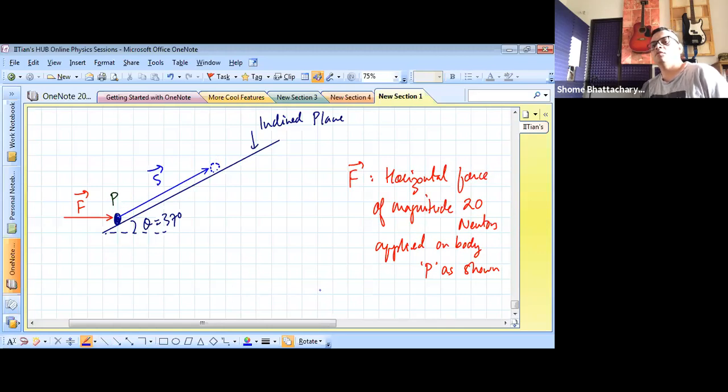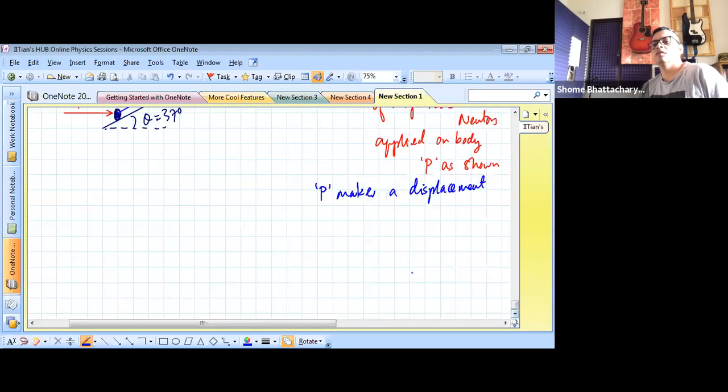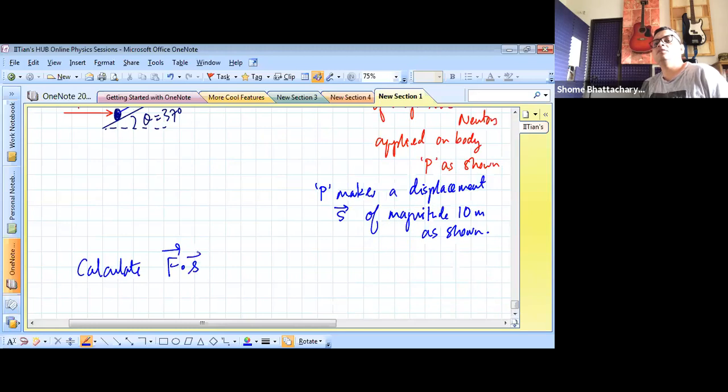Now P makes a displacement S of magnitude 10 meters as shown. Now calculate the dot product of force with displacement.